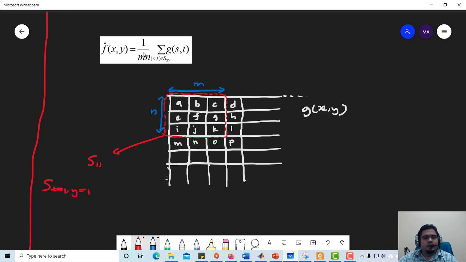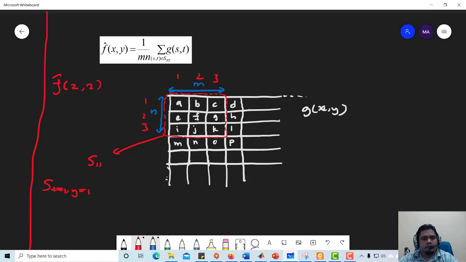Let's assume this is 1 2 3. We are using matrix indexing, so this one is 1 2 3, and this one is 1 2 3. So this is for when you want to find f hat at 2 2.